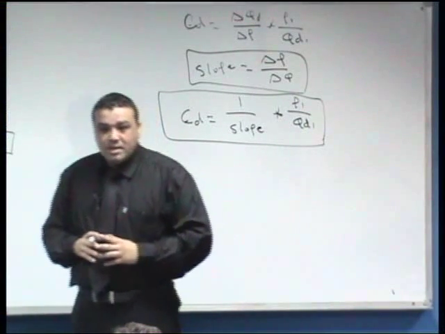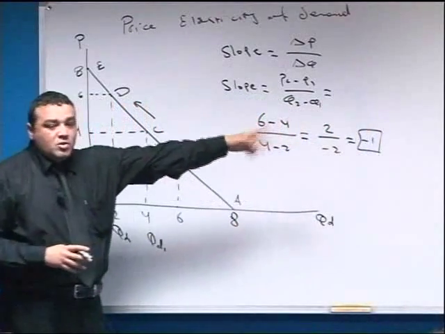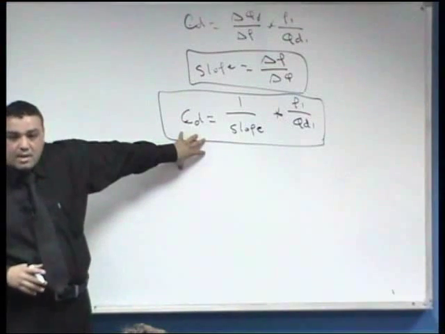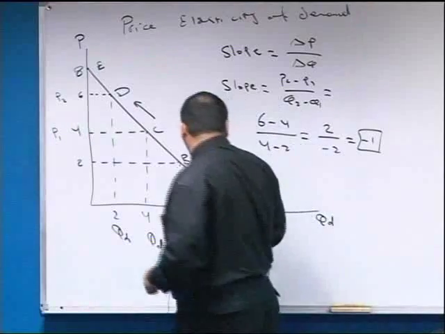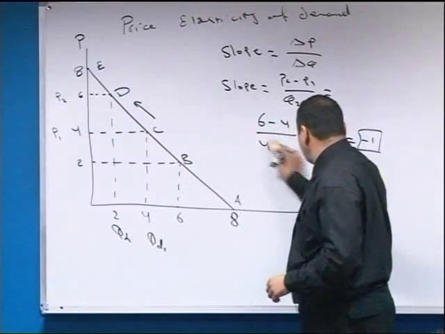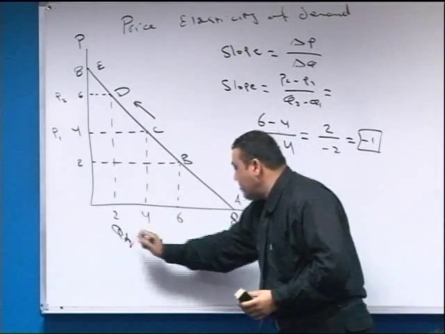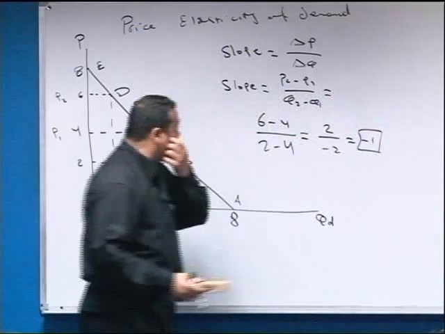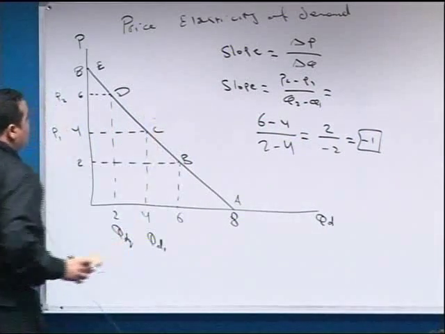So let's calculate the price elasticity of demand using this formula. 2 minus 4, yes, QD2 minus QD1. Right? Okay.